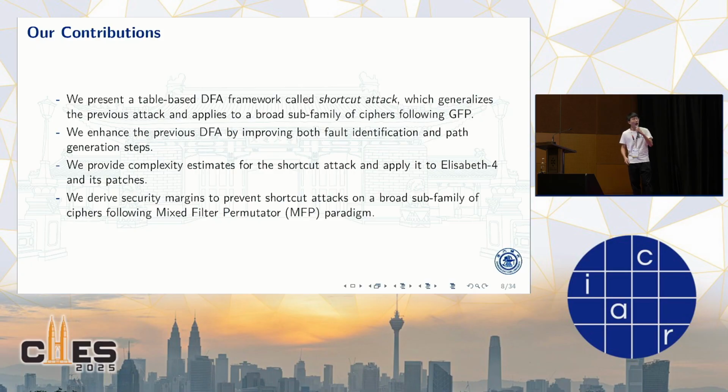Thirdly, we provide the complexity estimate for the shortcut attack framework and apply the framework to Elizabeth IV and its patch. Finally, we also try to derive the security margins to prevent the shortcut attack on a broad subfamily of ciphers following the mixed filter permutator paradigm, MFP paradigm.